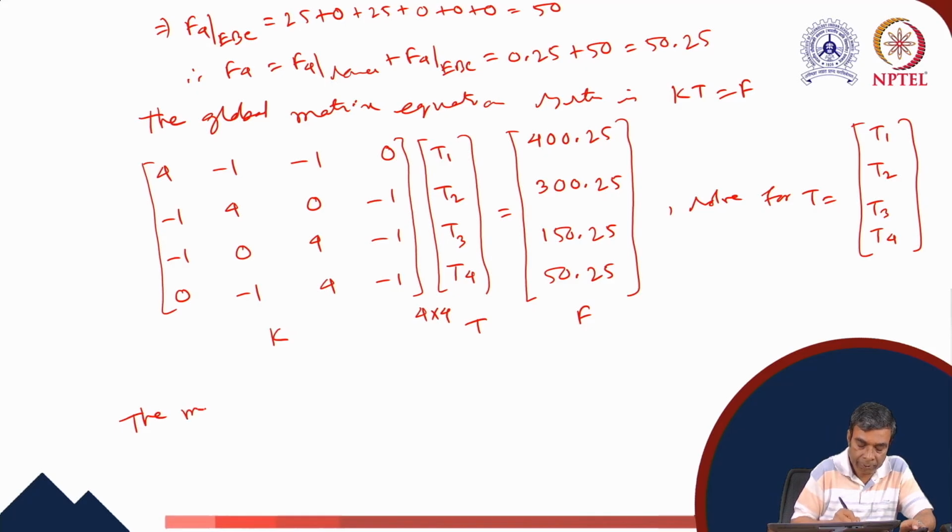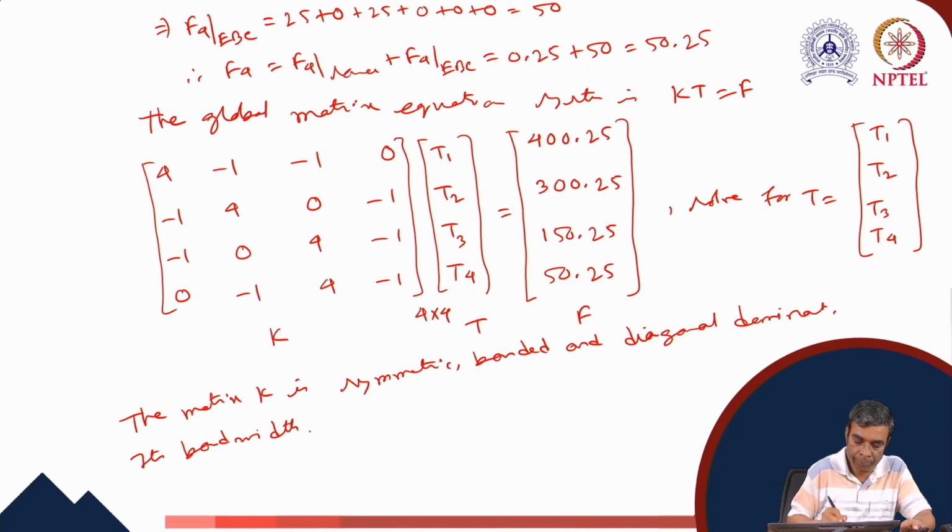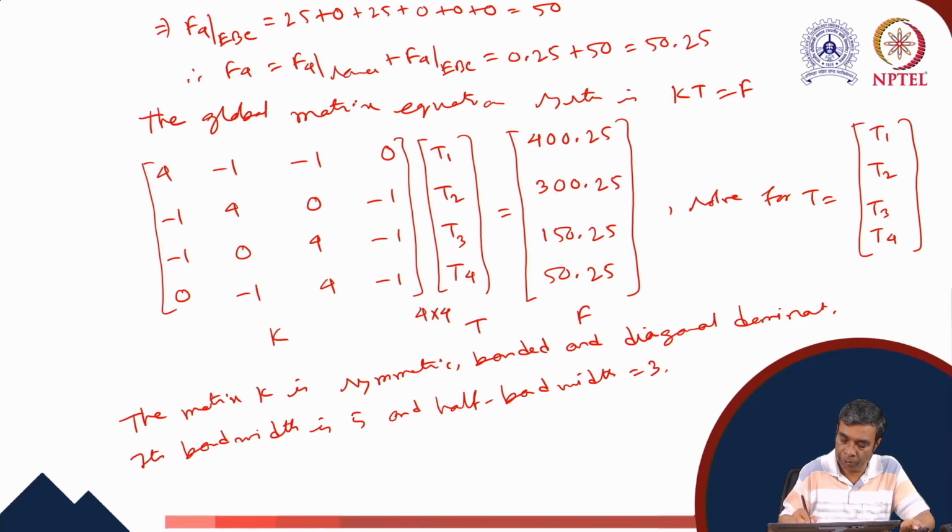The matrix K is symmetric, banded and diagonal dominant. So its bandwidth is 5 and half bandwidth equals to 3.